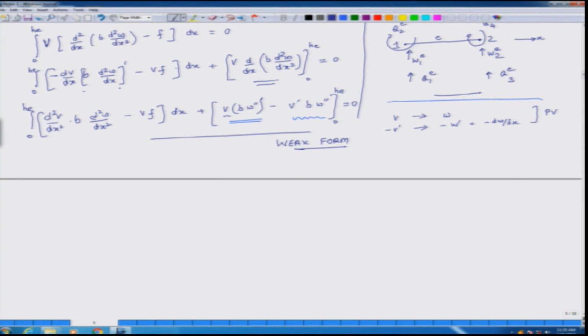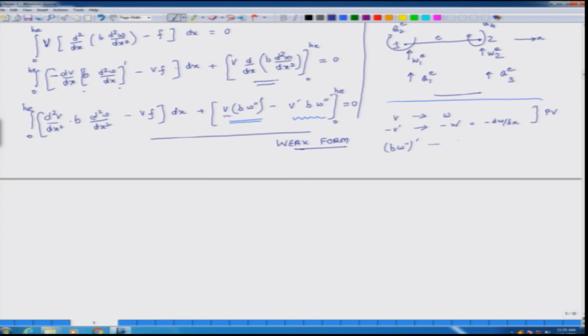primary variables. Then the coefficient of the primary variable terms helps us determine what the secondary variables are. So, here V is the primary variable associated term, and its coefficient is B W prime prime.